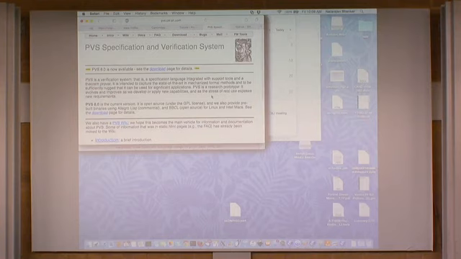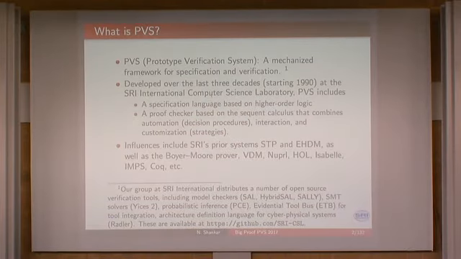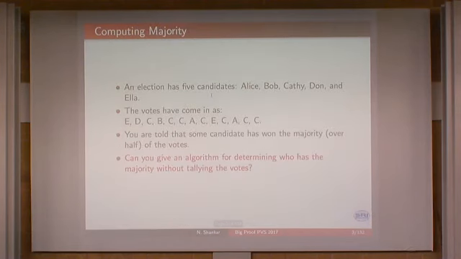If you want to just download the system, you can go there. PVS is written in Common Lisp, one of the truly great contributions of computer science. It's one of the most incredible programming languages there is.